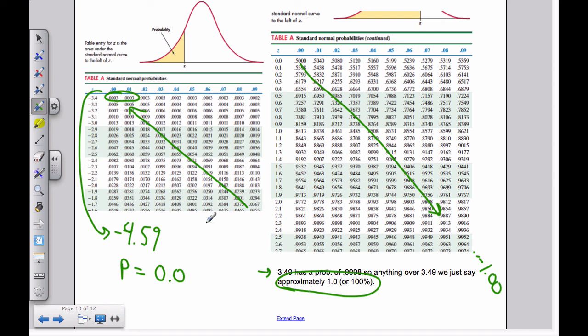If I had a z-score of 17.13, it doesn't mean you did anything wrong. It just means you're so far off the table that we'll just say a probability of approximately 1. So don't let that throw you off. All right, that's the empirical rule and the z distribution, the standard normal distribution equation. Hope that helps.